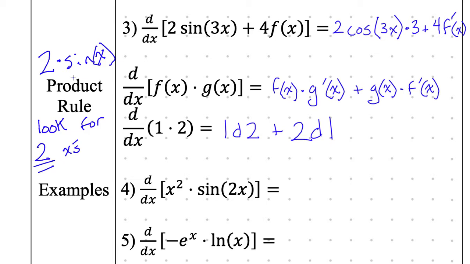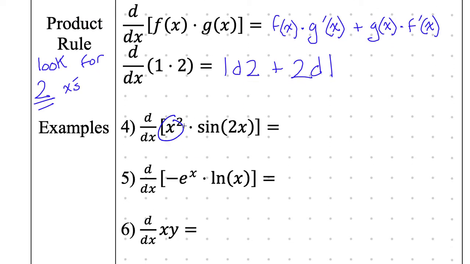That's why product rule works out still. But you're just doing extra work. This is just a coefficient, and the derivative would be 2 cosine of x, exactly. You're looking for 2 different x's. So in my first example down here, I have an x and another x. So I have 2 x's. Because I have 2 x's and they're being multiplied together, I know I'm multiplying 2 different functions, and I will need product rule. So let's do it.